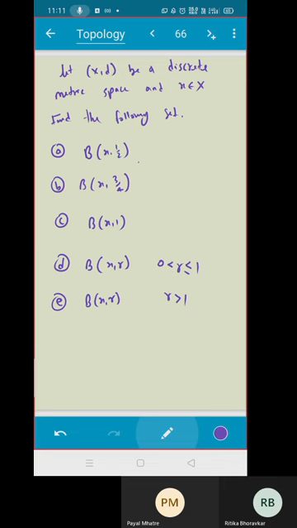Those who are done with a, b, c, just tell me. You can raise your hand. Sir, X is from? You can take X as R. I was going to do it in general, but that is also okay. For a particular example, you can take that.